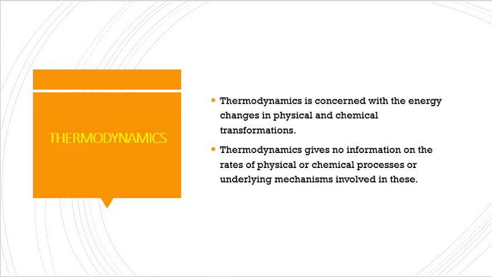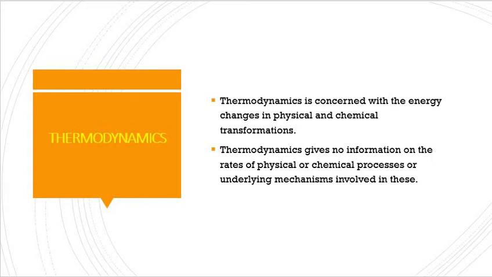Here in all the processes, energy is transformed from one form to another form, and the study of all the concerns related to energy, we are studying in this branch.